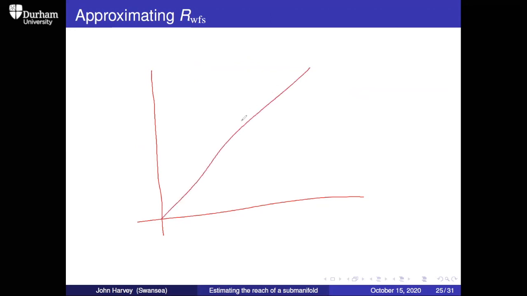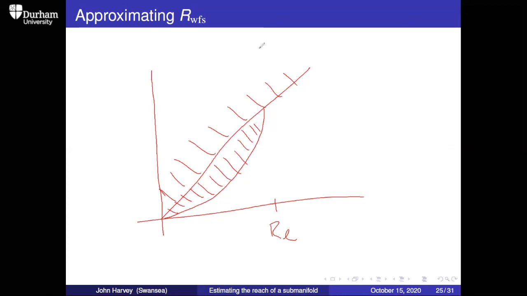Here's the diagonal. We're not allowed up here. Here's the local reach, which means that we're also not allowed up here. But we will be allowed to get up there in the following situation.